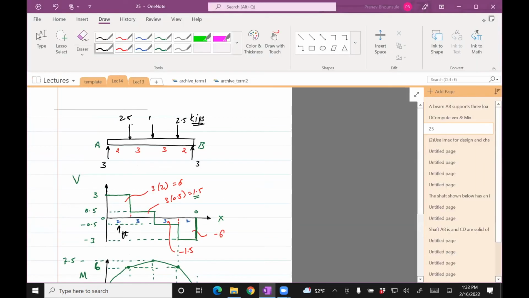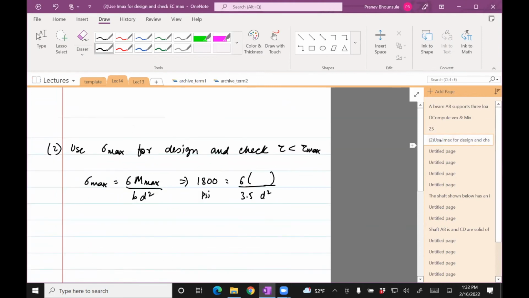And so in order to put it here, we know that 7.5 is the maximum, but we need to convert that to inches. So it's 7.5 kip feet, which will be 7.5 times 10 raised to 3, to remove the kilo in the kip. And since B and D are in inches, we need to convert feet to inches. And you know that 1 foot is 12 inches.